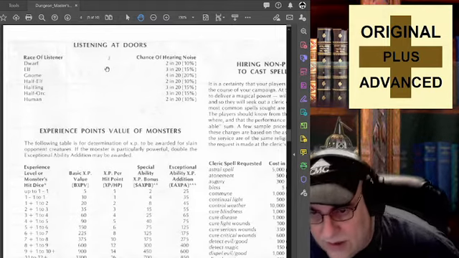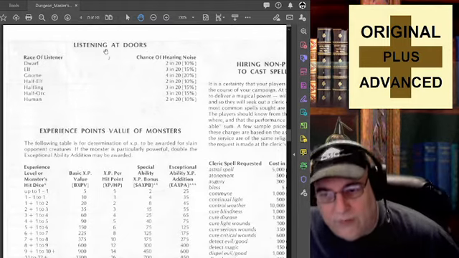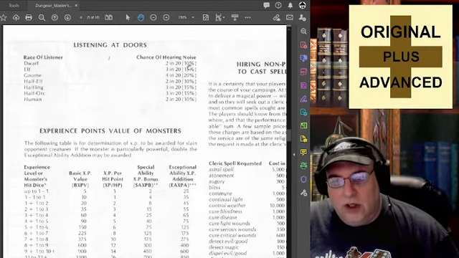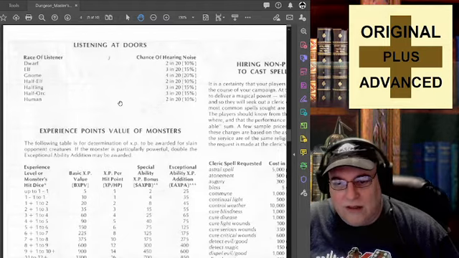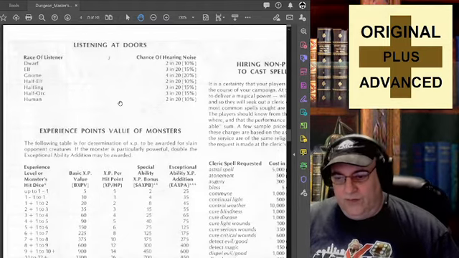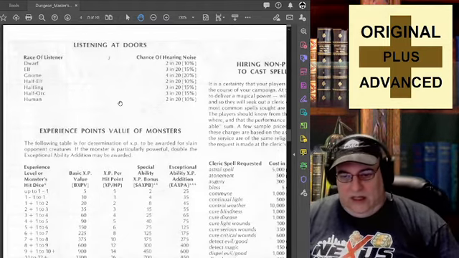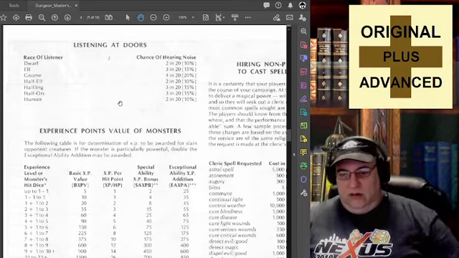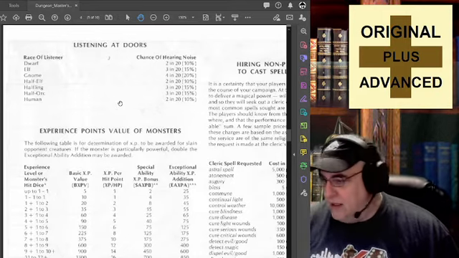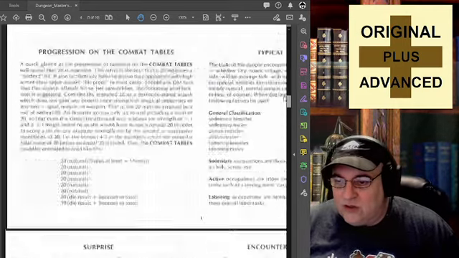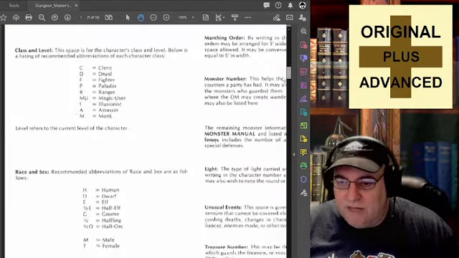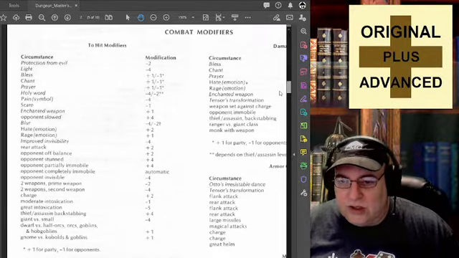How they have this for listening at doors, 2 and 20 for the dwarf, elf, 3 and 20, 15%. It's got the percentages down there. You're rolling a 20 for listening. So I am sure that this is not exactly what you would want if you are strictly running a first edition game. So just a word of warning.